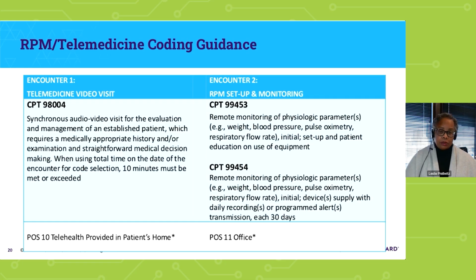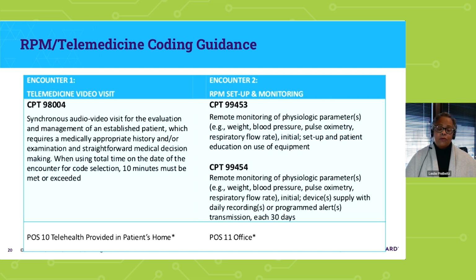Now with RPM codes, remote physiologic monitoring, the important thing to remember is that it's a composite of codes, and you use the code based on the component of service that's being given that day. So on the second encounter, the patient will come in, and you would use code 99453. That's one of the RPM codes.